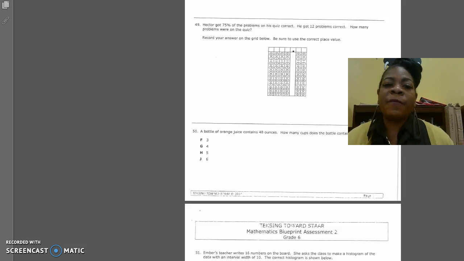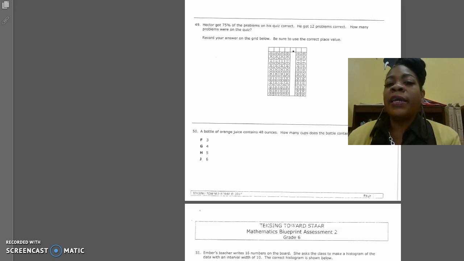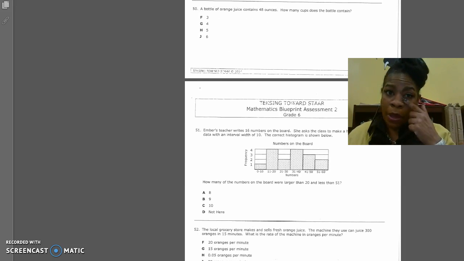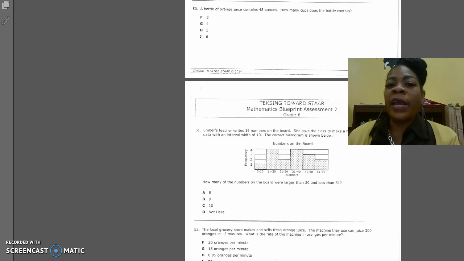Hector got 75% of the problems on his quiz correct. He got 12 problems correct. How many problems were on the test? 50. A bottle of orange juice contains 48 ounces. How many cups does the bottle contain?